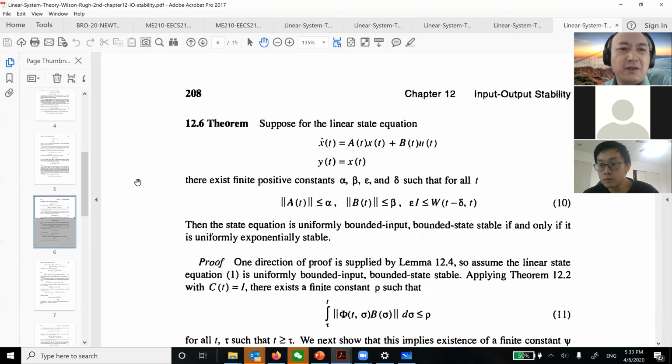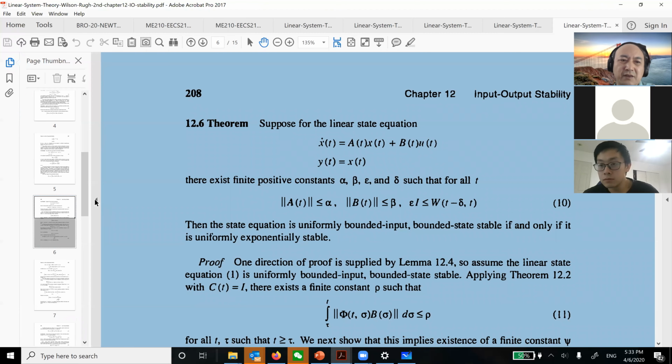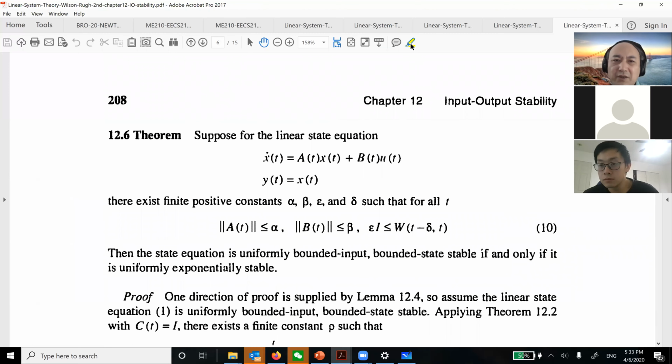Okay, here. So this is the theorem we are talking about. You have an LTV system, and A, B, C are all bounded. And here is a state feedback, but it doesn't matter if your C is bounded. So here is the Gramian.